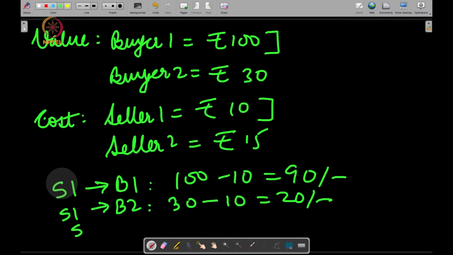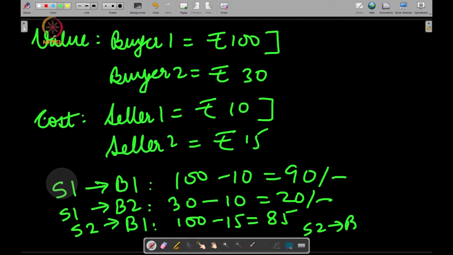If the good goes from seller 2 to buyer 1, seller 2 costs 15 rupees to produce, so the total surplus is 100 minus 15, which is 85.